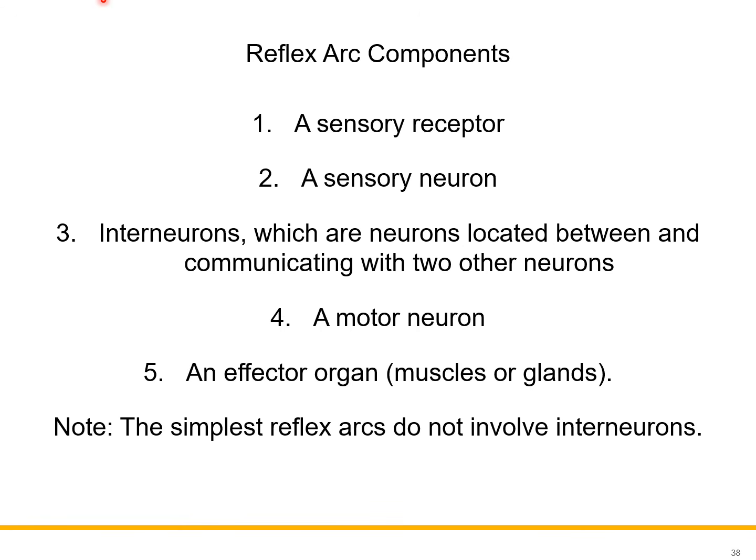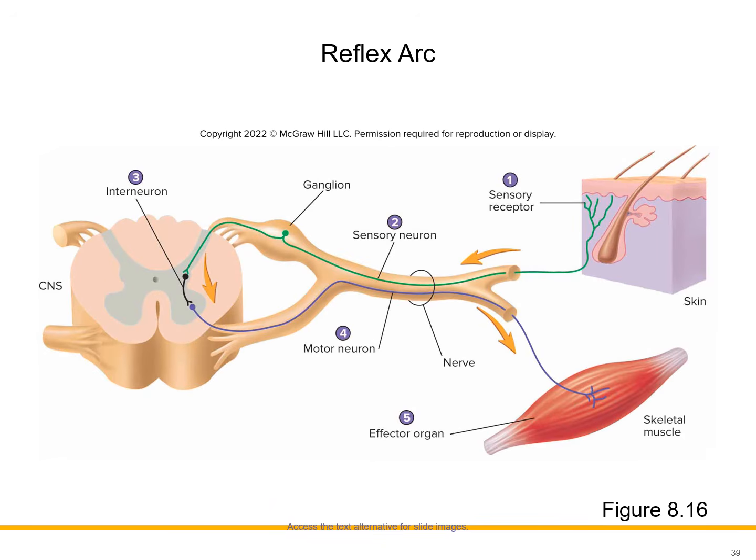Okay, so kung hindi daw po kasama sa steps yung mga interneurons, then we would refer to that as the simplest reflex arcs. Here's an illustration on how reflex arcs would happen. A sensory receptor would receive the stimuli, a sensory neuron would process and send that to the interneuron.